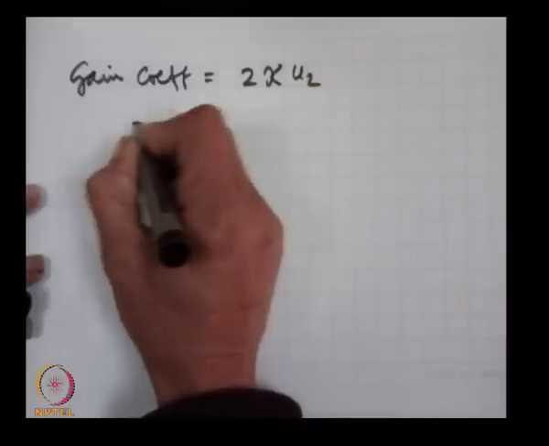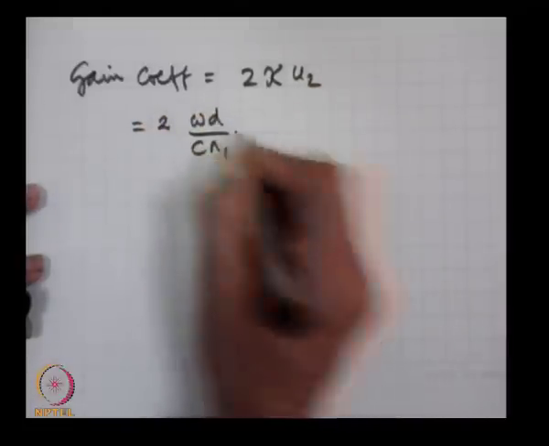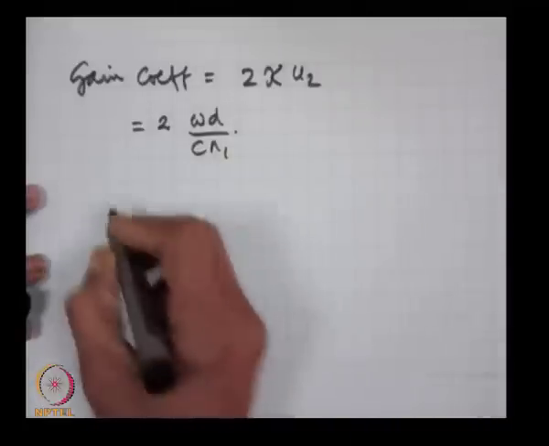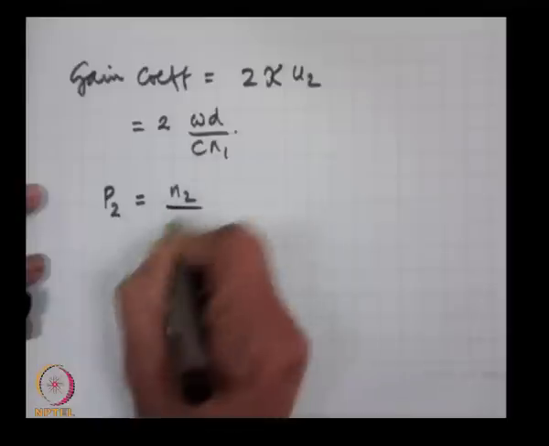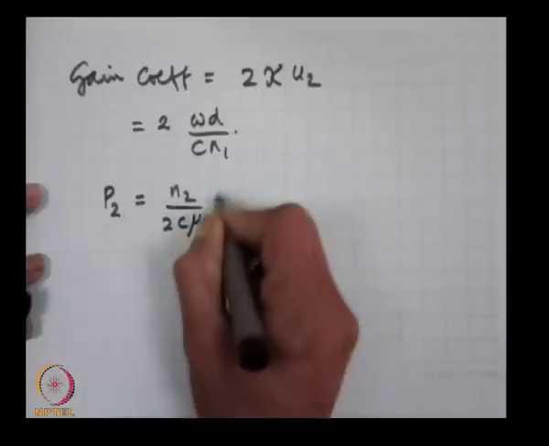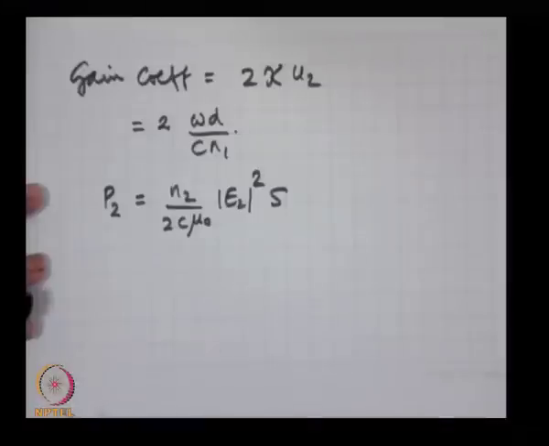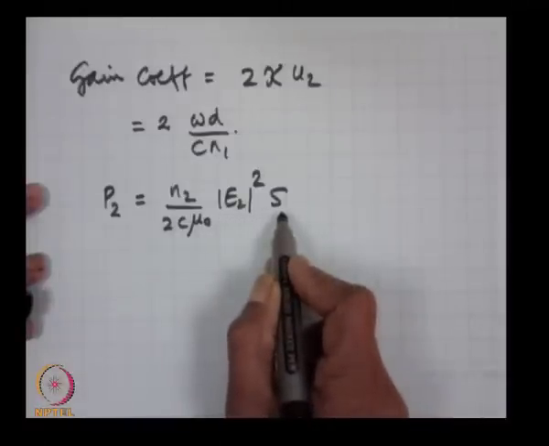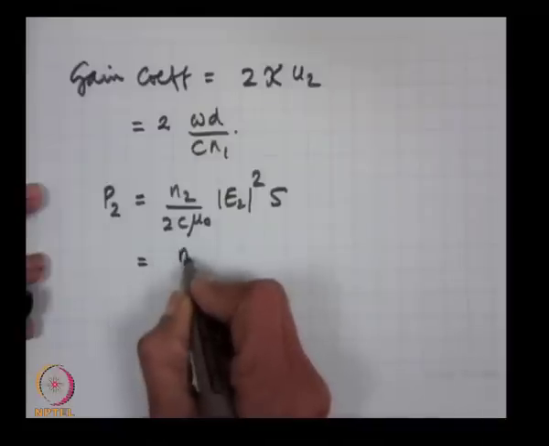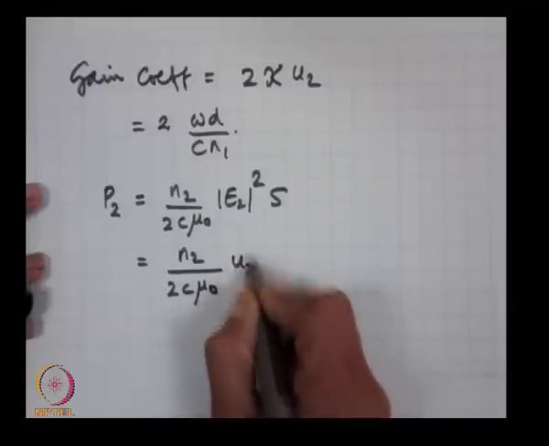So let me substitute in this equation 2 times omega d by c n1. Now for u2, let me write this equation. P2 is equal to n2 by 2 c mu 0 mod E2 squared into area of cross section of the beam, intensity multiplied by area of cross section. This is equal to n2 by 2 c mu 0 u2 squared into area.